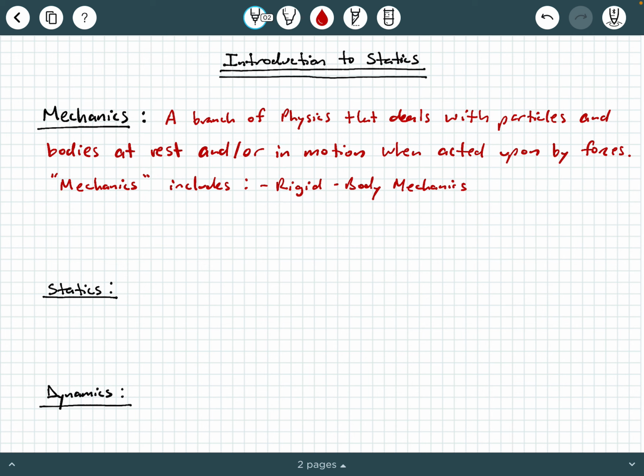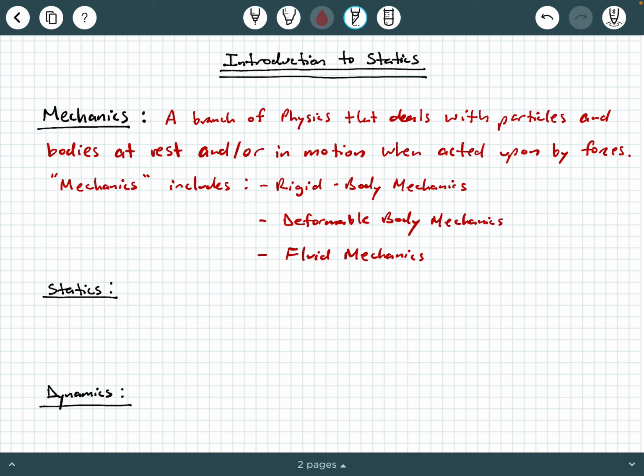It includes deformable body mechanics, and it typically includes what we would call fluid mechanics. Okay, so when you hear that word mechanics and you think of its definition, we need to think that it includes these three kind of subsets: rigid body mechanics, deformable body mechanics, and fluid mechanics, okay?